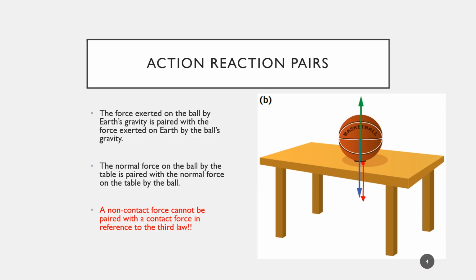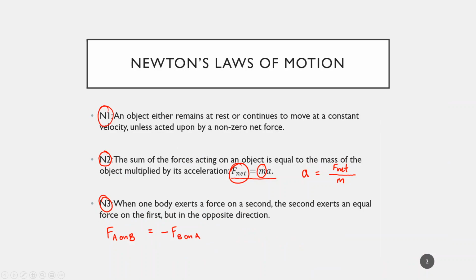If we just look at the forces acting on the basketball, one of the forces is coming from the Earth, the blue gravitational force. The other force is coming from the table, this green normal force. So they can't possibly be action-reaction pairs because they're coming from different things. That doesn't make any sense according to the third law, which says one body exerts a force on a second.